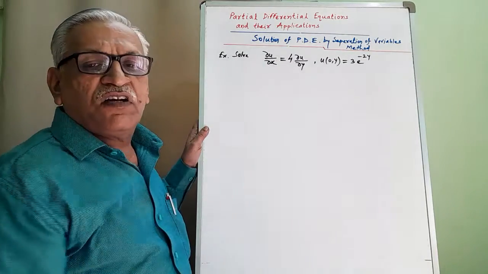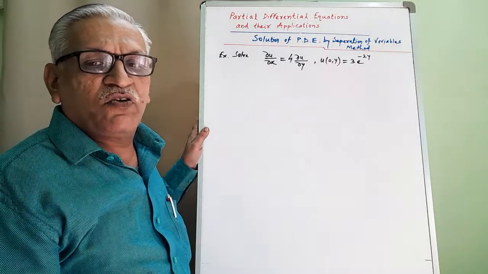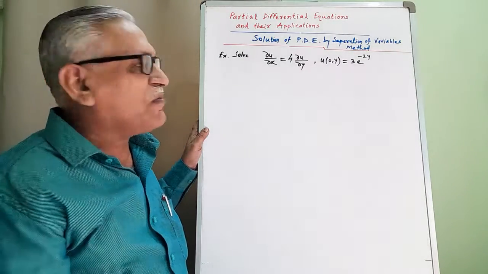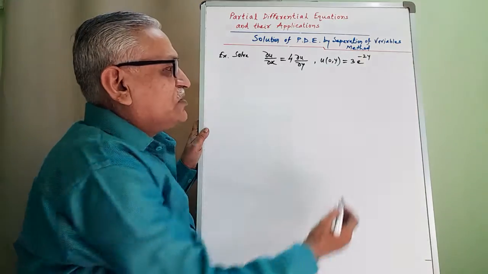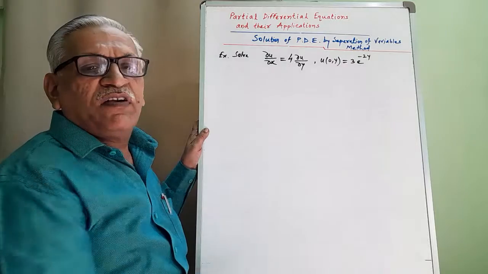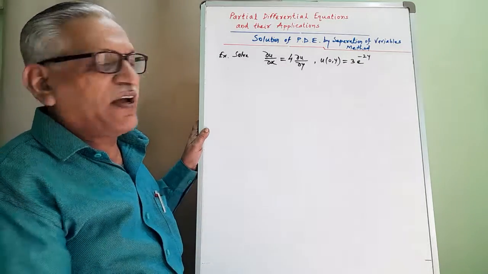The differential equation is ∂u/∂x = 4 ∂u/∂y, and the condition is u(0, y) = 3e^(-2y). Here u is a dependent variable differentiated with respect to x and y.